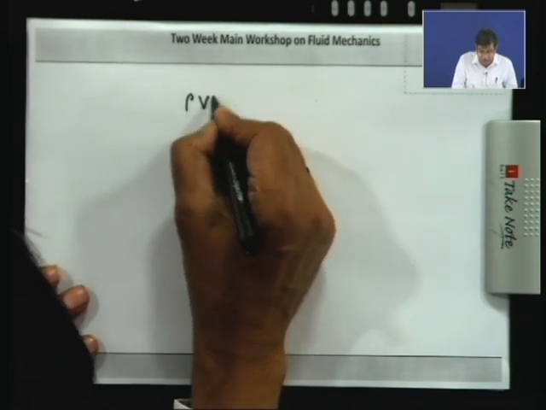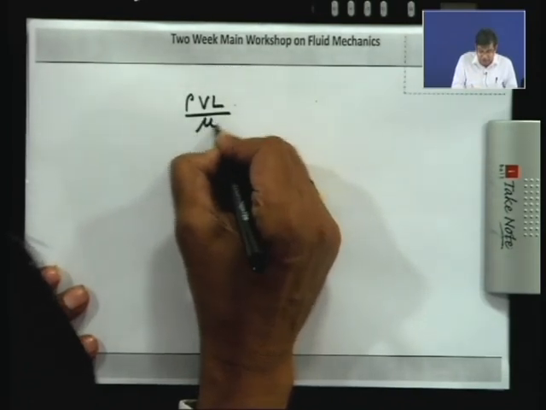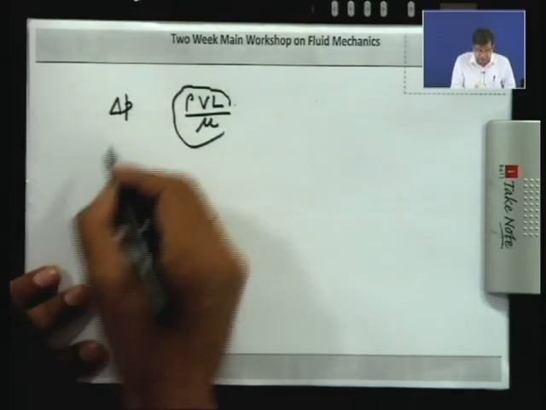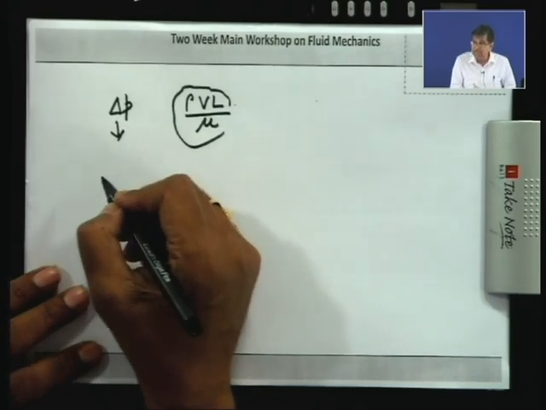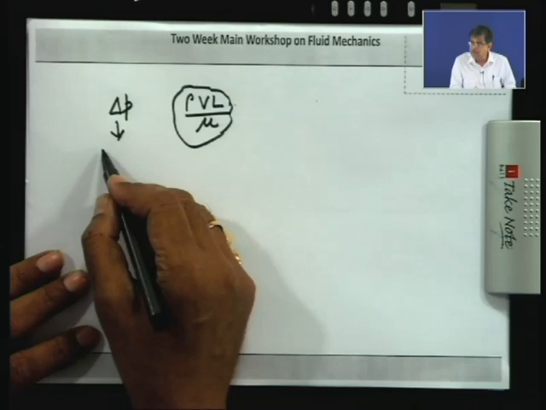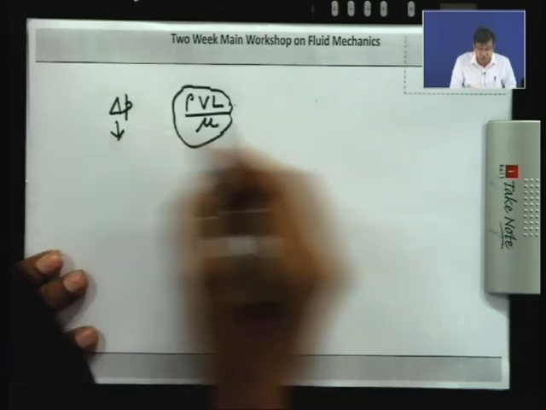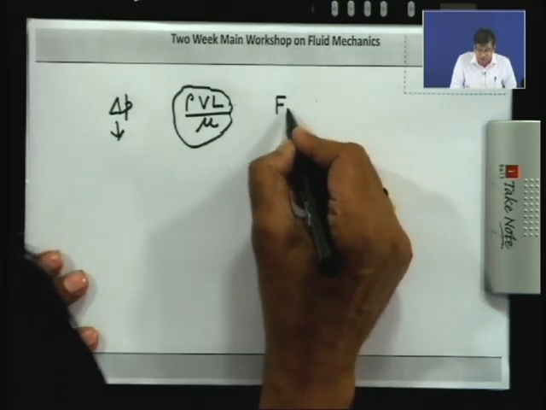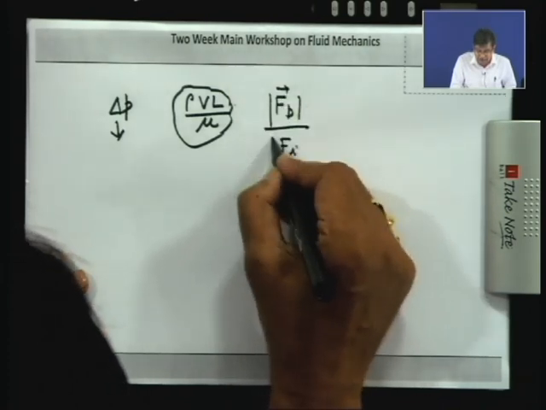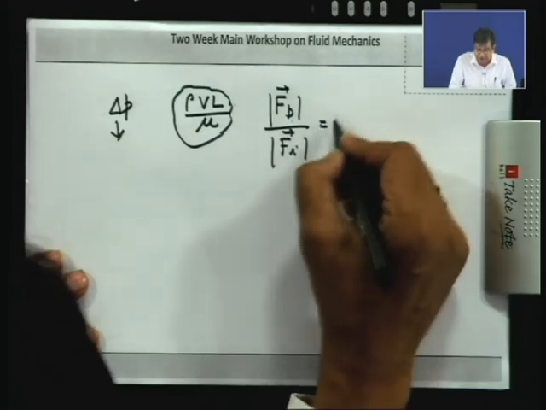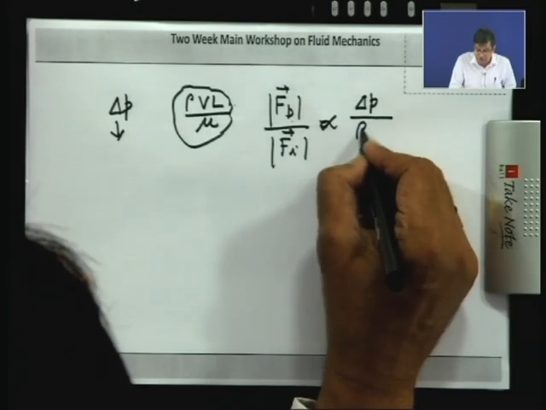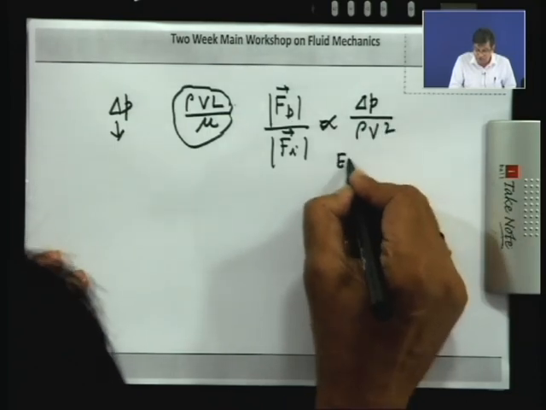If I from my intuition feel that the performance parameter, for example the pressure drop in a pipe flow, in its dimensionless form, that means if a problem is governed by pressure force, viscous force and inertia force, if you find the ratio of the pressure force by the inertia force, you will get in a similar way delta P divided by rho V square, and this is known as the Euler number.